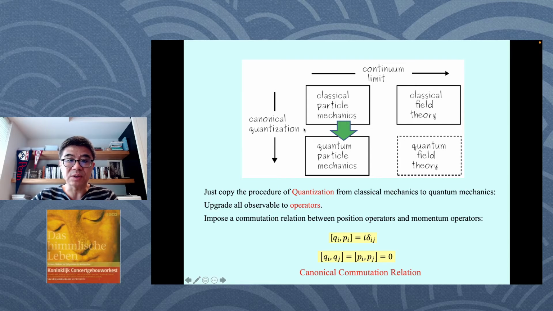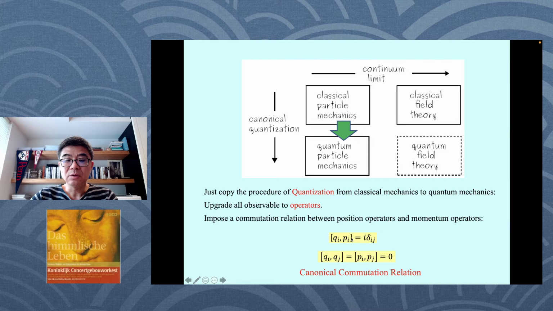So let me first introduce the transition between classical particle mechanics and quantum particle mechanics. Actually, the procedure is very, very simple. We call it canonical quantization. First, you upgrade all the observables to operators, and usually we put a hat. For example, in a particle mechanics system, we usually have coordinates and then a conjugate momentum.